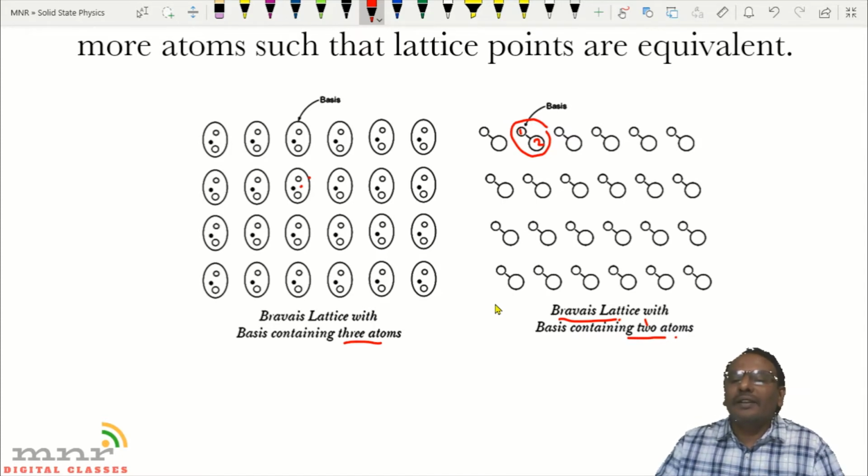Again, in this case also, if we consider any one particular lattice point, it has identical surroundings. All the lattice points in its surroundings are identical. Hence, all the lattice points of the given space lattice are equivalent to each other. So we can conclude that this space lattice also represents a Bravais lattice.